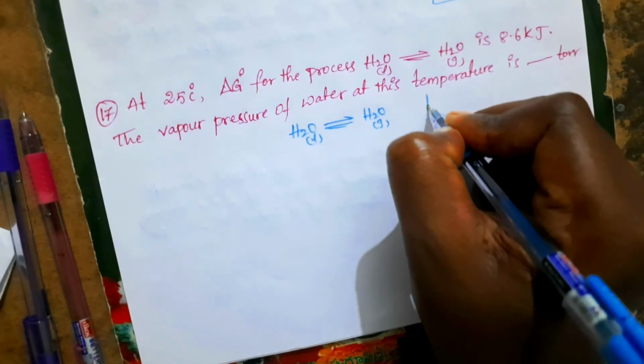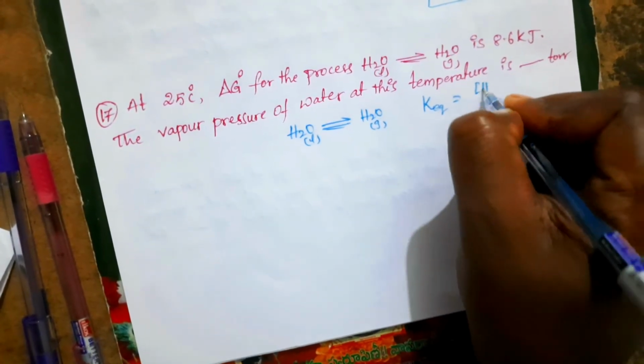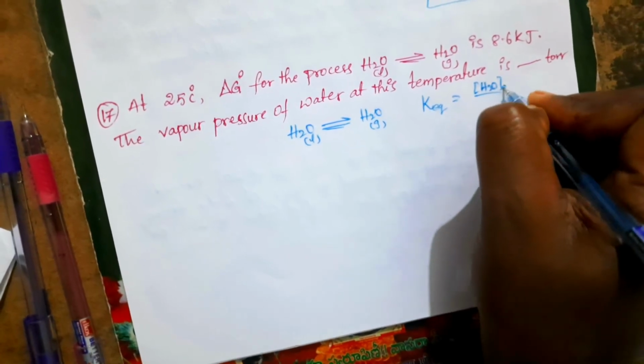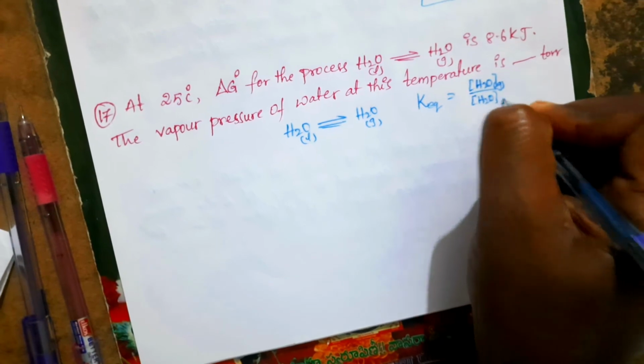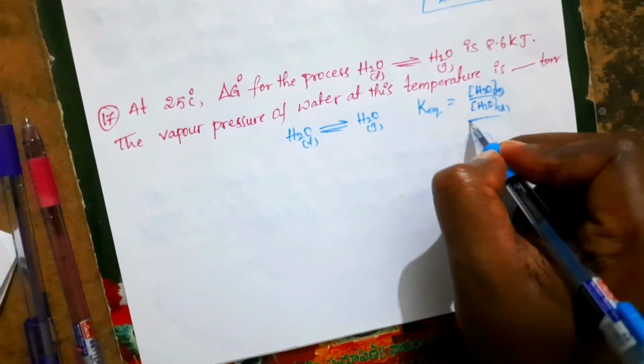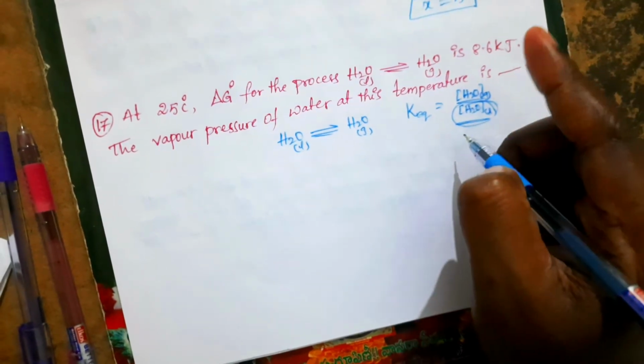The equilibrium constant is gaseous H2O over liquid H2O. In the liquid state, the active mass of liquid is taken as 1.